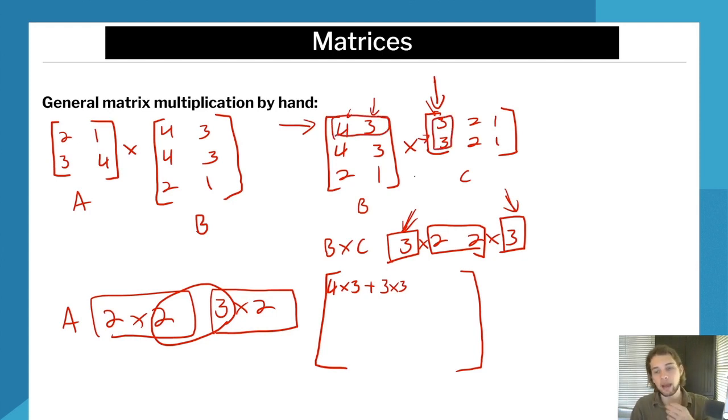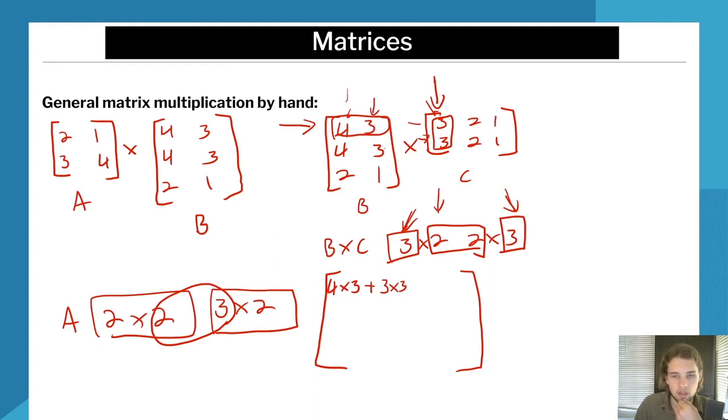And that's why we have to have these dimensions working in a specific way, because we want there to be 2 here to multiply by 2 of those. So we want the columns of number 1 to match the rows of number 2.